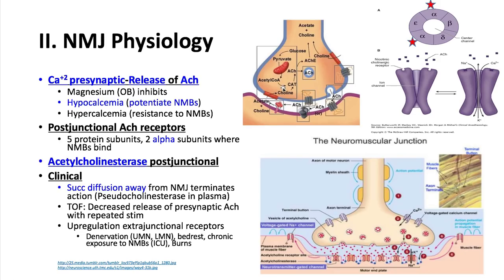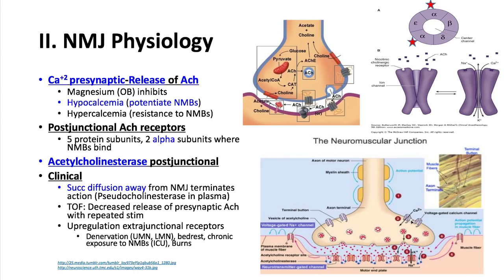Choline can be reabsorbed. Acetate's made by metabolism. Acetylcholine is put in little vesicles, and it is ready to release into the junction when a nerve signal comes down. Now, presynaptically are voltage-gated calcium channels. When calcium comes in presynaptically, these little acetylcholine vesicles are released.